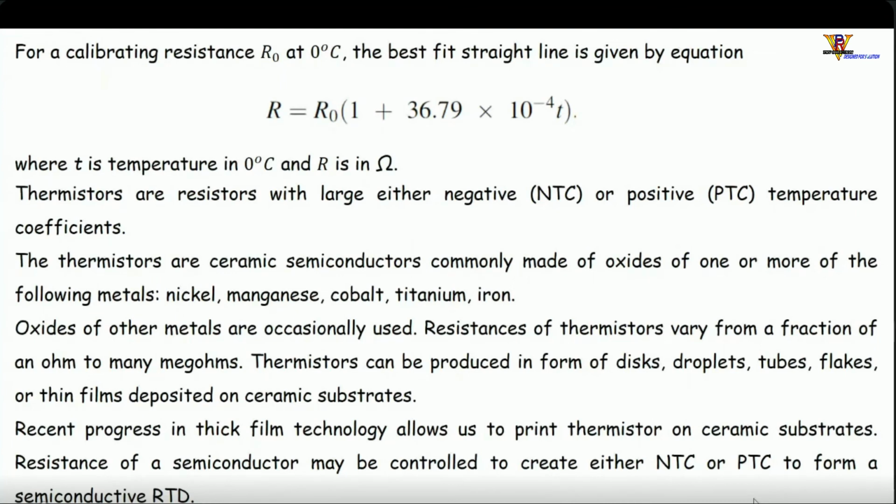Based on oxides of one or more metals like nickel, magnesium, cobalt, titanium, iron, etc. So depending on different oxides of materials, we can construct these types of RTD to sense the temperature. And the resistance of these semiconductors can be controlled to create either a negative temperature coefficient or a positive temperature coefficient.